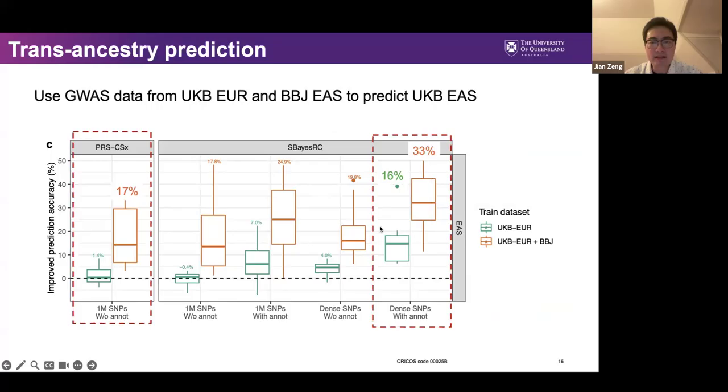The key result is that when we use the high-density SNPs with annotations, using the European data alone improved the prediction accuracy by 16%, already comparable to the 17% with additional Biobank Japan data. Now, if we use both Biobank Japan and the functional annotations, we achieved an improvement of 33% across traits, almost double the prediction accuracy observed in the PRS-CSx method.